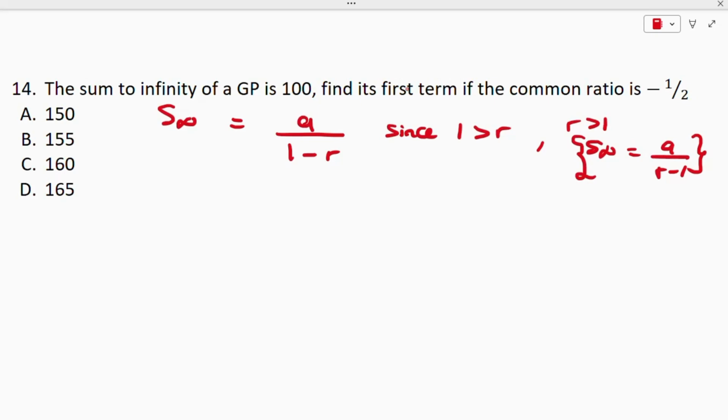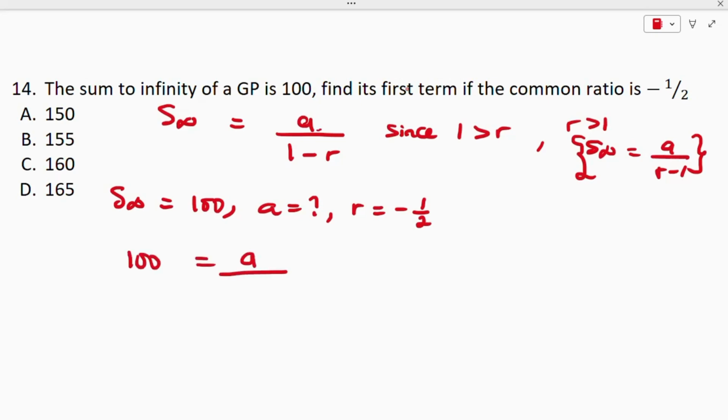Okay, so from here we know that a is the first term, r is the common ratio, and we already know the value of the sum to infinity. So we have the sum to infinity is equal to 100 from the question. We are looking for a, and r is equal to -1 over 2. So putting the parameters into the equation, we have that 100 is equal to a divided by 1 minus -1 over 2.